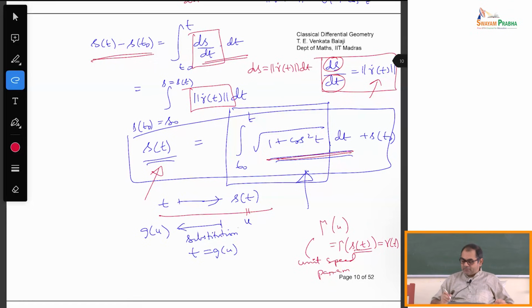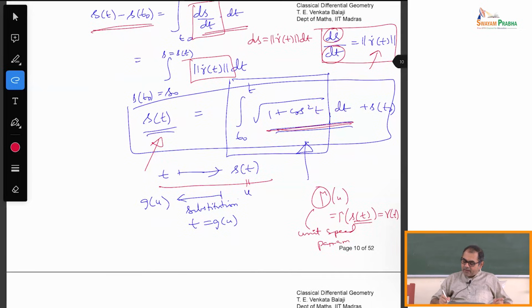But the problem is that I don't know capital gamma a priori. So the only way to do it is to find a way of inverting u and plug it into the small gamma, which I know.